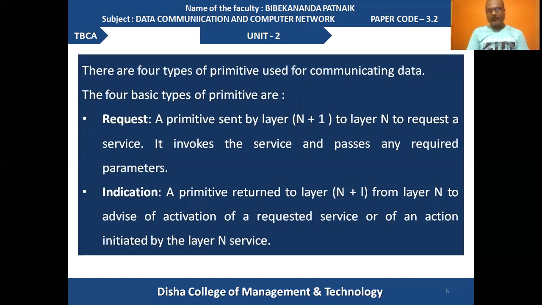And the third subsequent primitive is basically called the response primitive. This particular primitive is issued by the service user, that is the individual service user, to the service provider, usually in response to an indication primitive. So it is for that indication primitive.